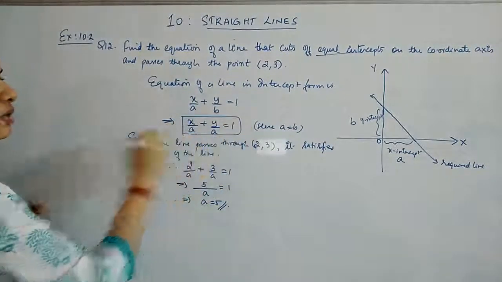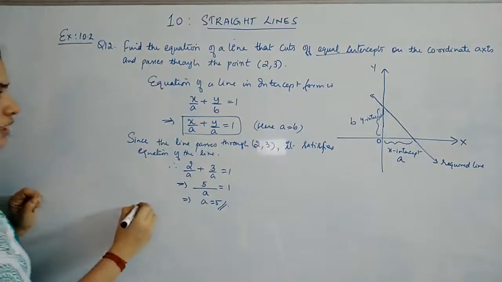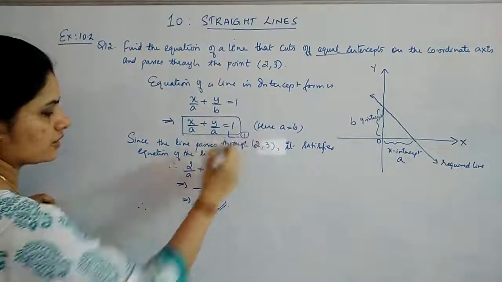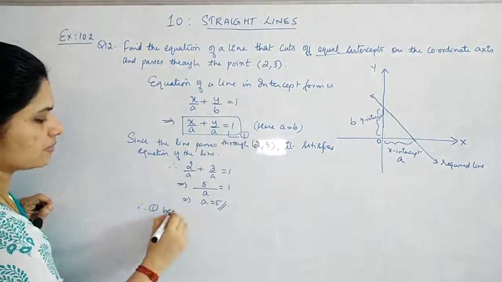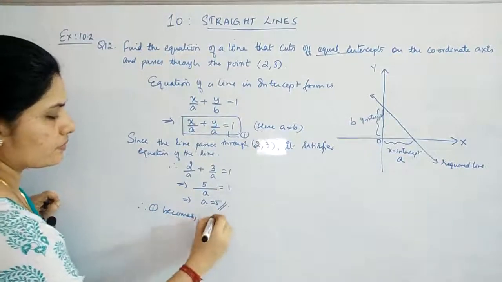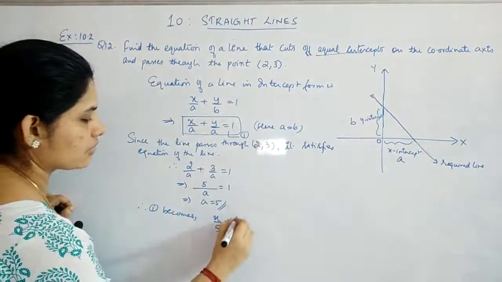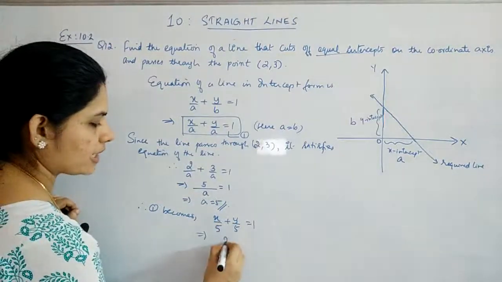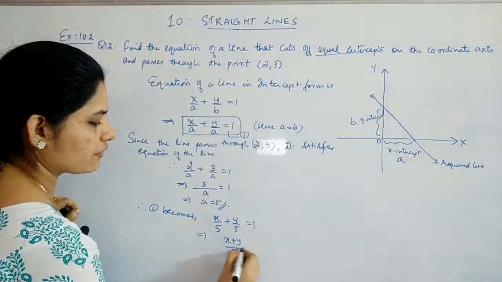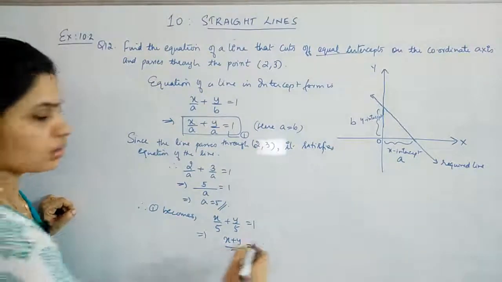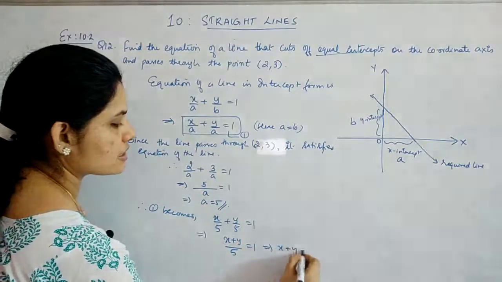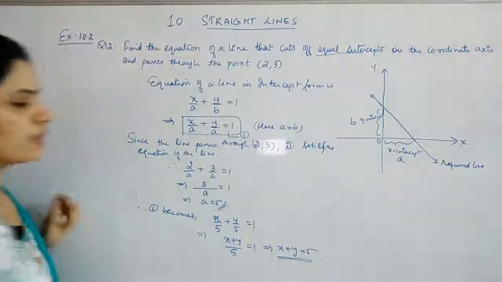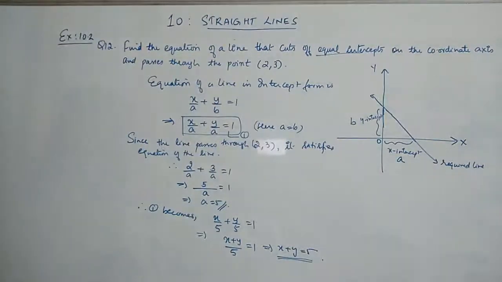This is actually your required equation. Therefore equation 1 becomes x by 5 plus y by 5 equal to 1, or x plus y the whole divided by 5 equal to 1, or x plus y is equal to 5. So this will be the required equation of the line.